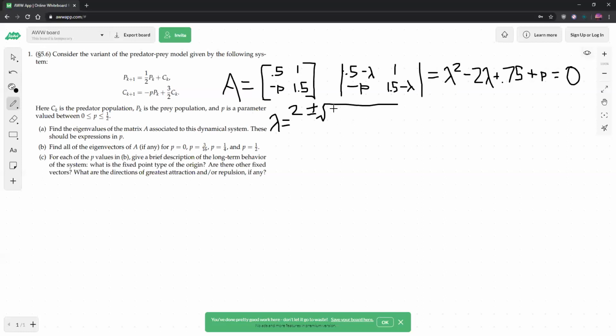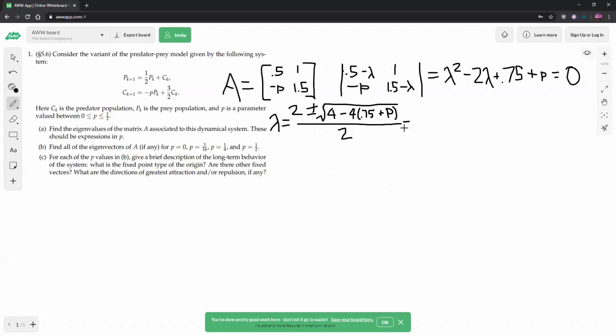All right, so 2 squared is 4, and then it's minus 4ac, right? So 4a is just 4. C is a little harder. C is going to be 0.75 plus p. That whole term is going to be our C. And then all this is over 2a, which is just 2 here.